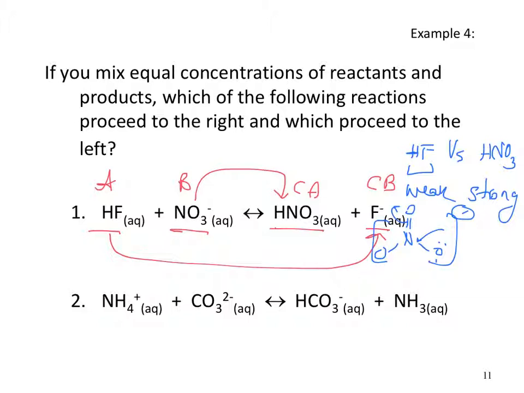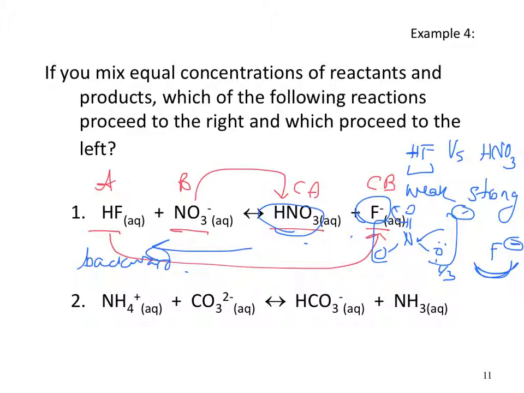So one can say that it's actually 1/3 of a charge rather than one full charge. On the other hand, you have fluorine with one negative charge, a full charge. So which one is a better base? F negative is a better base. So if you have a strong base and you have a strong acid, of course these two are going to react to give you the weak acid and the weak base. So the equilibrium is going to be in the backward direction.